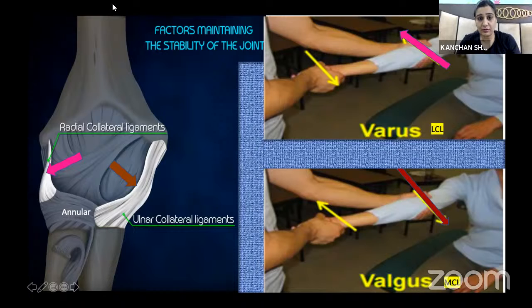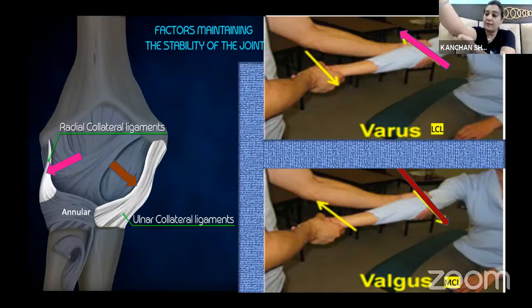So just look at the slide very carefully. If you want to test the medial collateral ligament: the medial collateral ligament is from your medial epicondyle to your ulna, and it is a triangular structure. The anterior band is the strongest one, they say. So what you are supposed to do, if this is my medial side, you are supposed to stress this side.